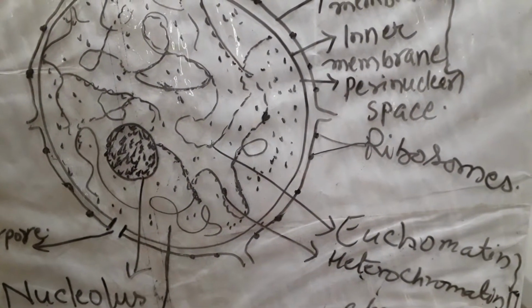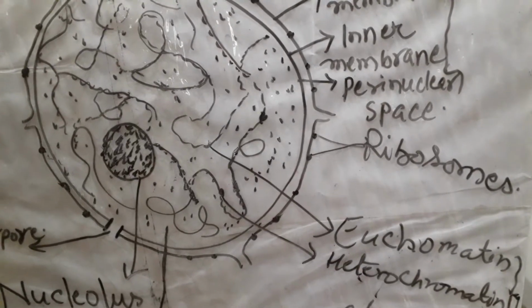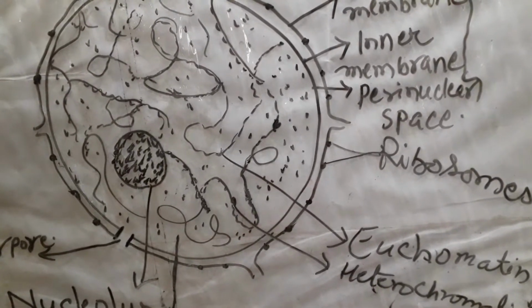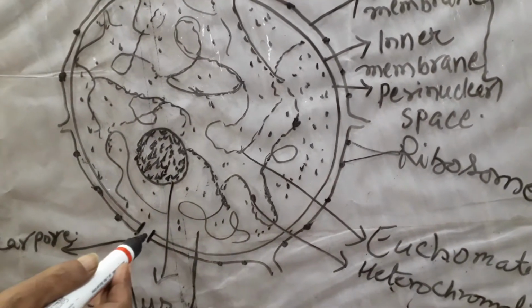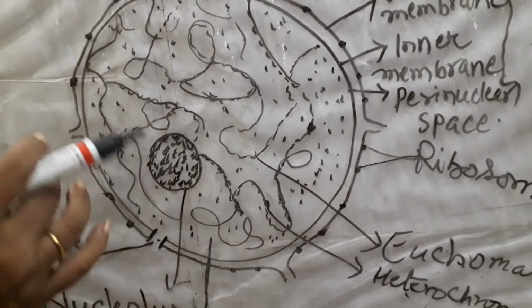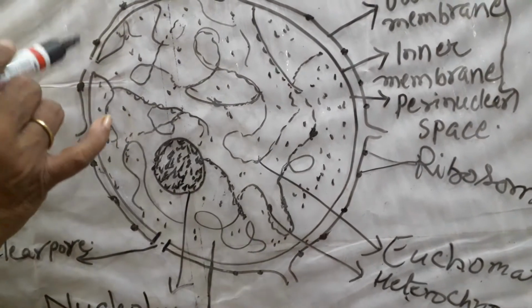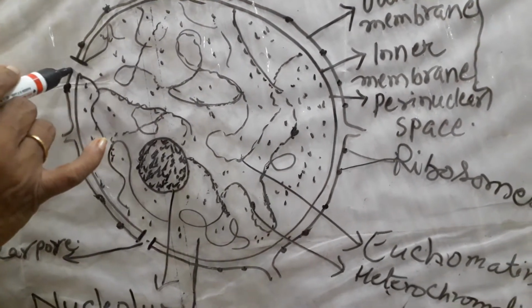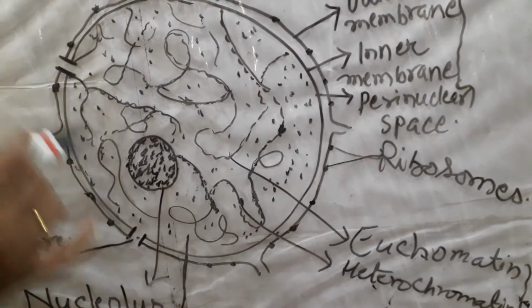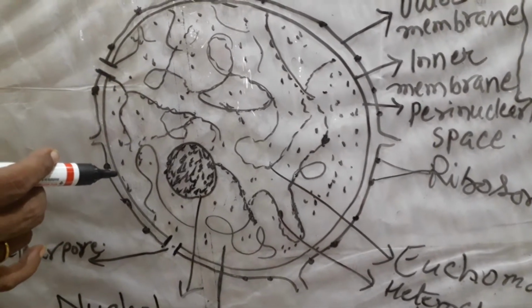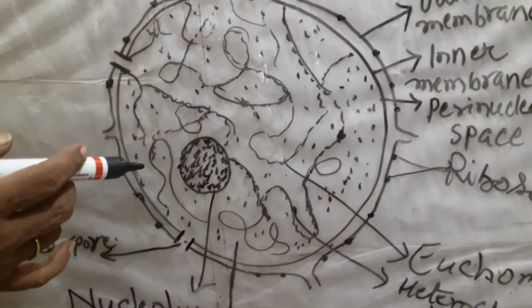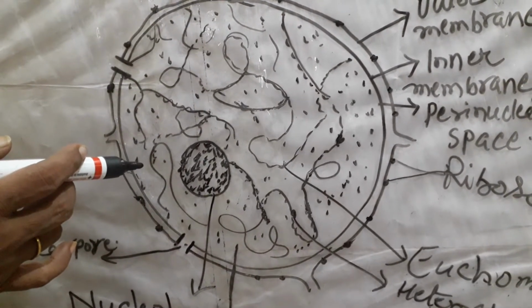At a number of places, the nuclear envelope is interrupted by minute pores, which are formed by the fusion of its two membranes.